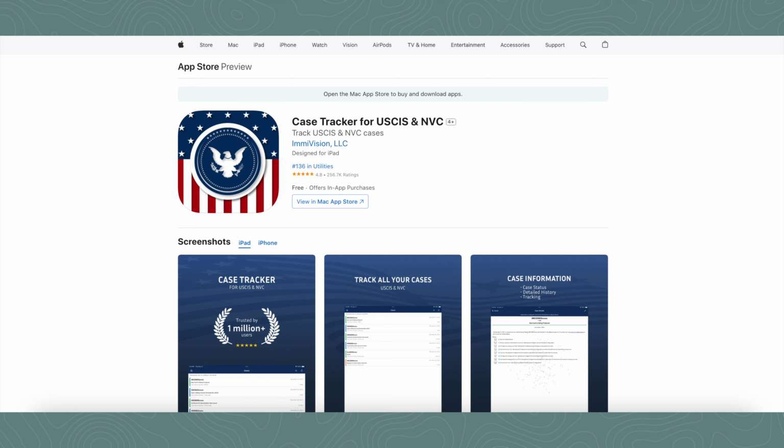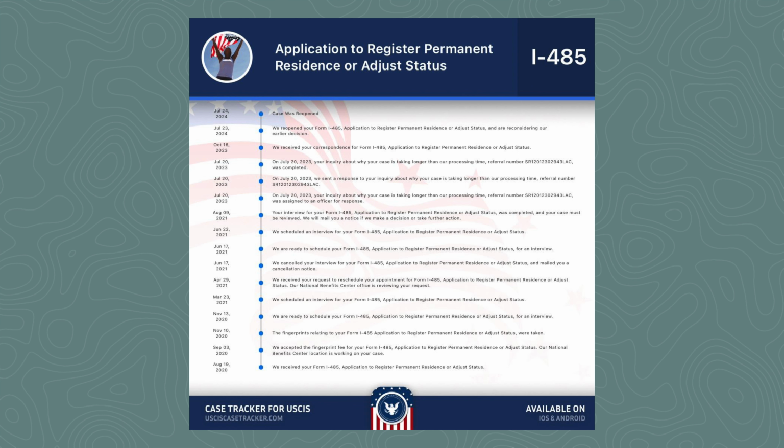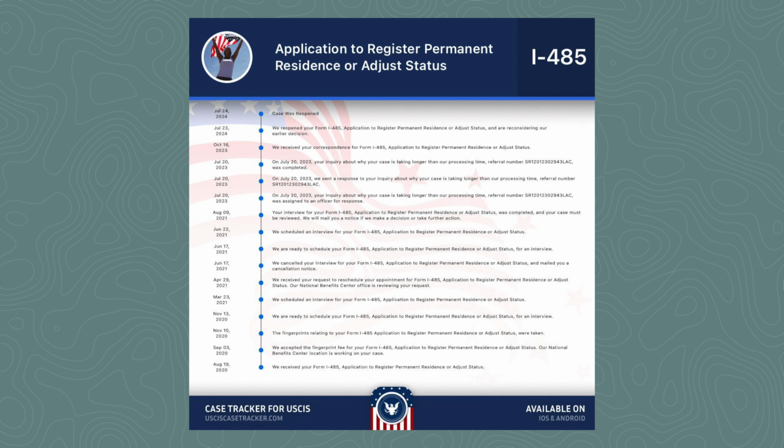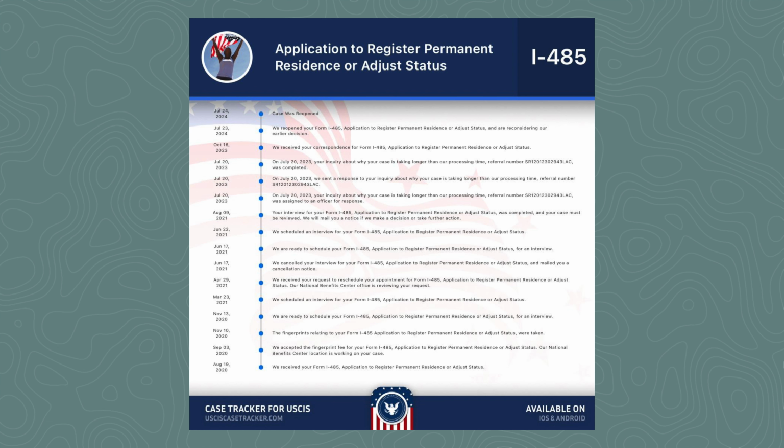So this app is awesome. It had the update before immigration even updated their own system. And basically, as you can see, this was an I-485, I-130 from the beginning of filing until recent. You can see at the top, case was reopened, both the I-485 and the I-130, and it gives you the salient dates and things that happened throughout the case, which is organized very well.